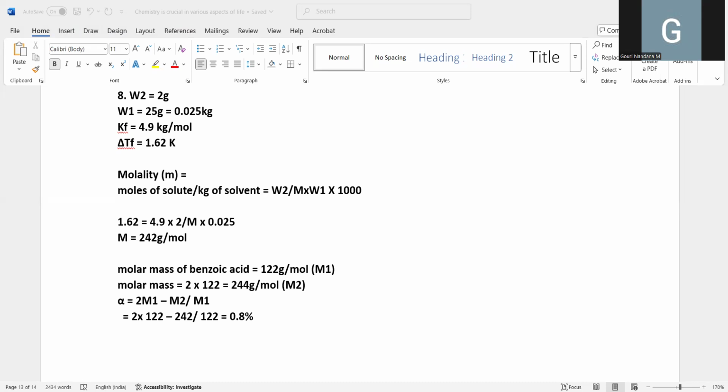Okay. So first we need to use the freezing point depression formula.